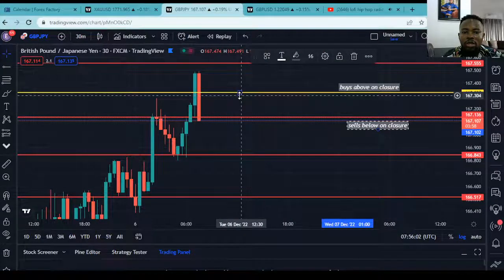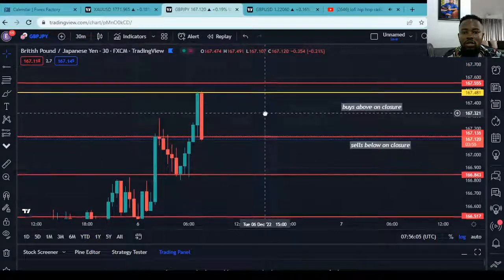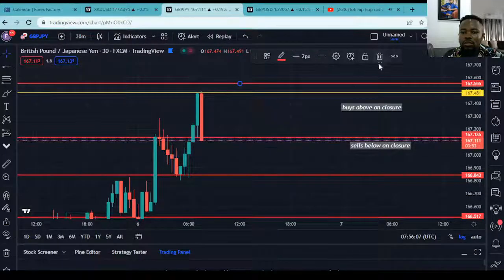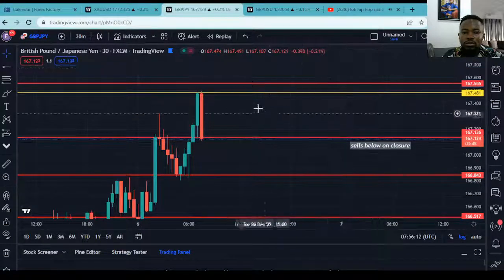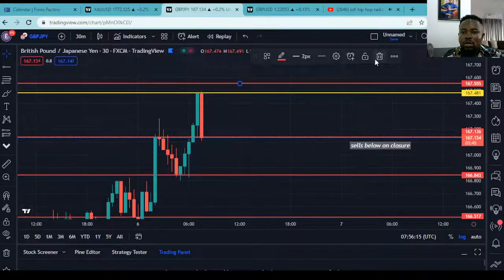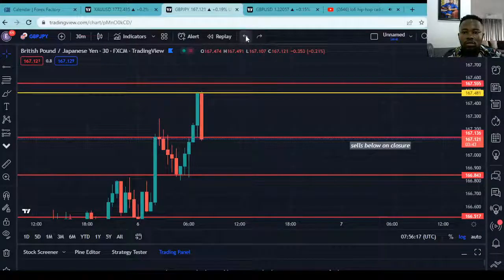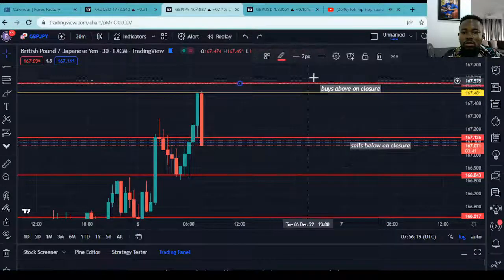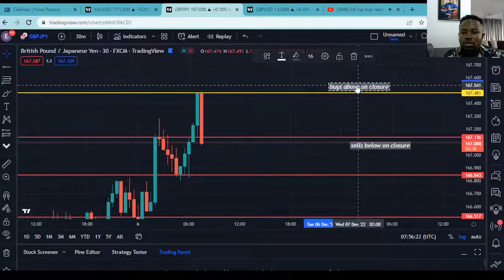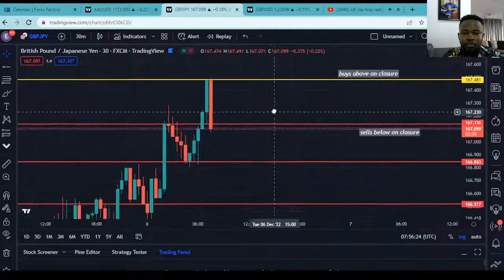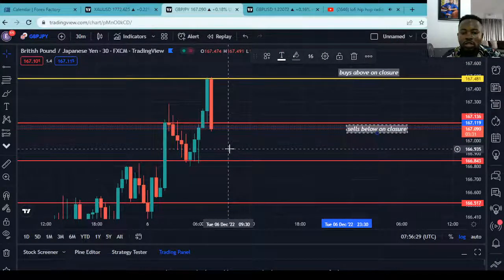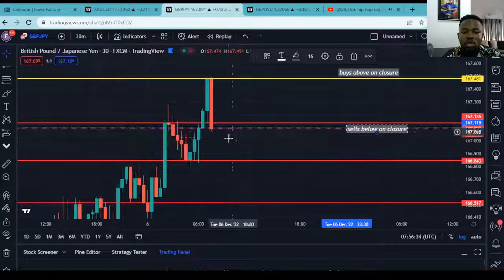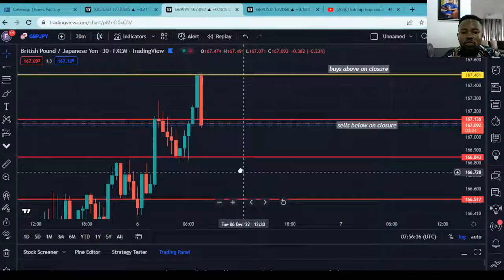So our buys automatically, we need to move these buys above here, right? Because this is where we are rejecting now. So if we close back inside here with the higher time frames rejections from resistance area, we expect GJ to continue moving down with volume.